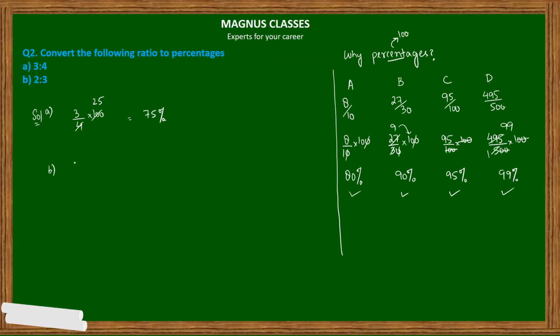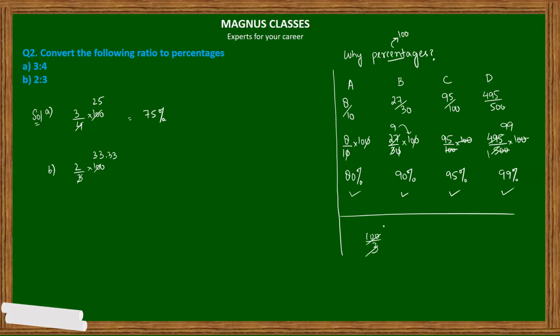Let's move to the B part. It's 2:3. We need to convert 2:3 into percentage. How do we do that? We multiply it by 100. Let me show it here. It is 100 divided by 3.